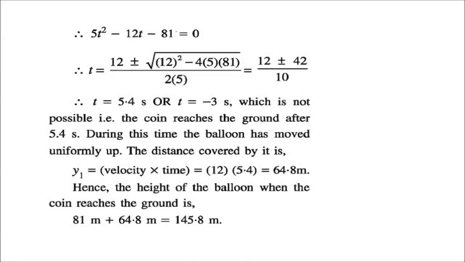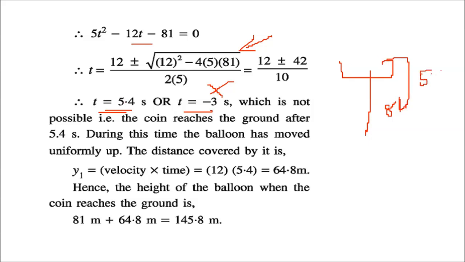When we solve for t using the Sridharacharya formula, we get t equal to 5.4 or t equal to minus 3. Now time with negative value is not possible. So we'll only take t equal to 5.4. Now during this time, because the coin has taken 5.4 seconds to reach, by this time the balloon might have gone up, because it is going with the uniform velocity which is 12.